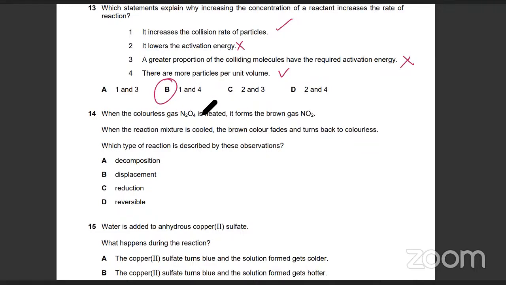There's a colorless gas N2O4, it forms a brown gas NO2. The reaction mixture is cooled, the brown color fades and turns back to colorless. What type of reaction is described by these observations?